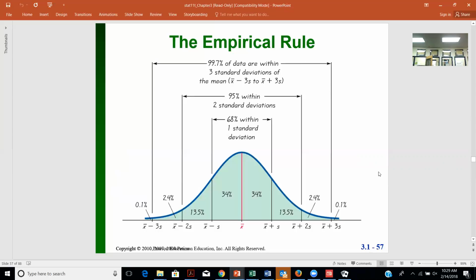But the width of that standard deviation is different because the data set is wide. Again, the standard deviation as a concept is dependent on the variation in the data itself.